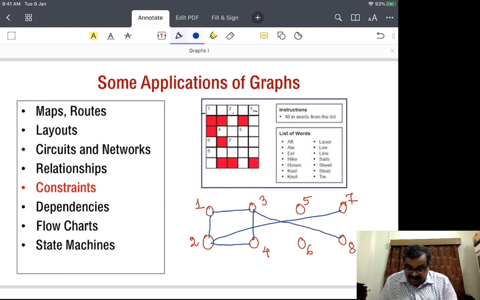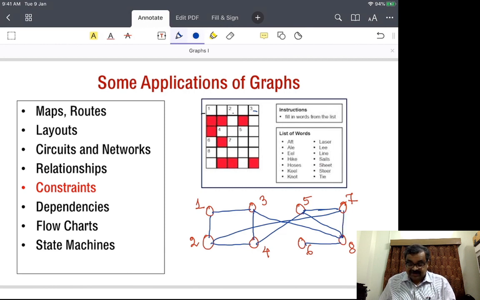4 has a constraint with 5. And 5 has a constraint with 7. And 5 has a constraint with 8. 6 has a constraint with 8. 7 has a constraint with 8.